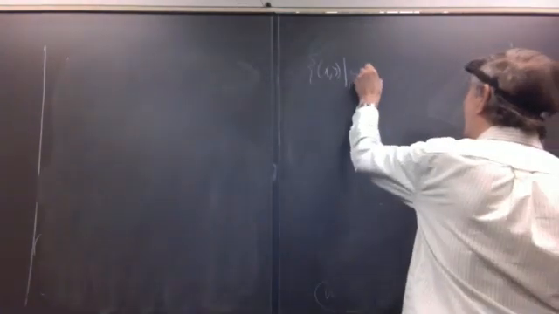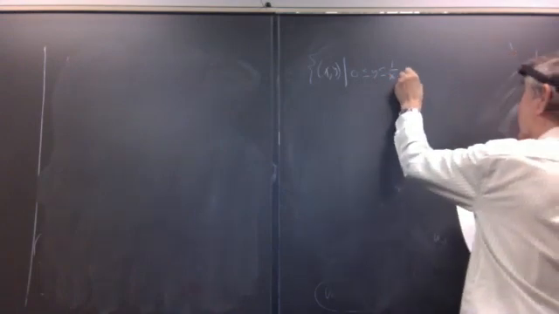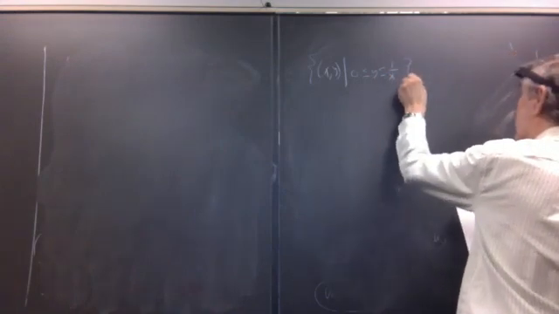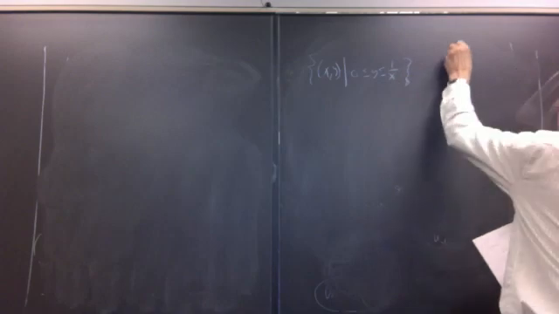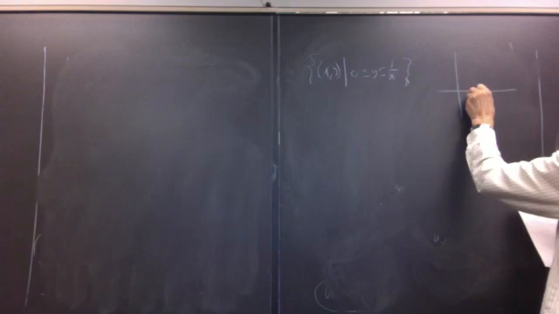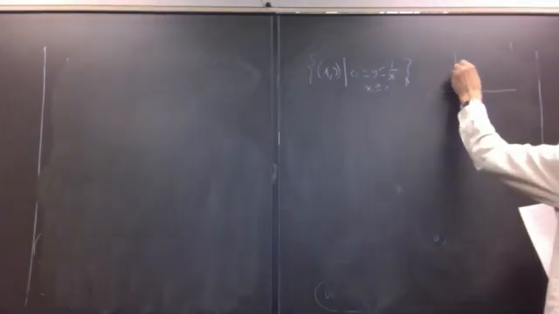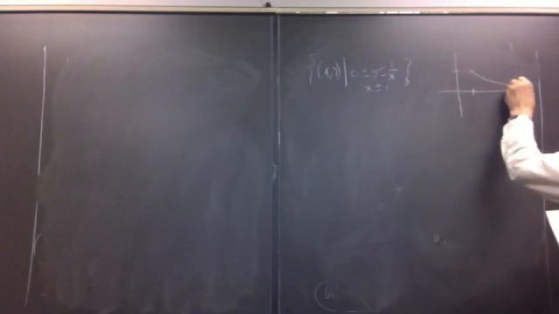Okay, so y is between 0 and 1 over x. And so we want to take this region from 1, and x is bigger than or equal to 1. So if we work this out, we get this kind of a shape.